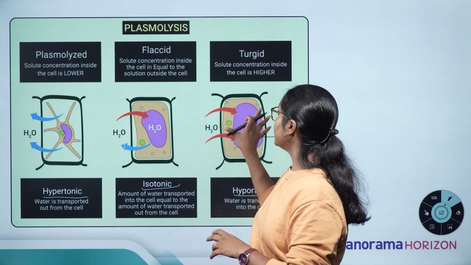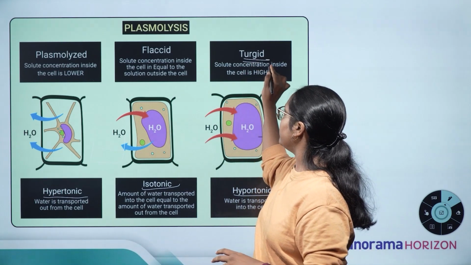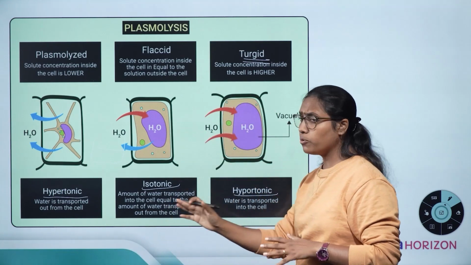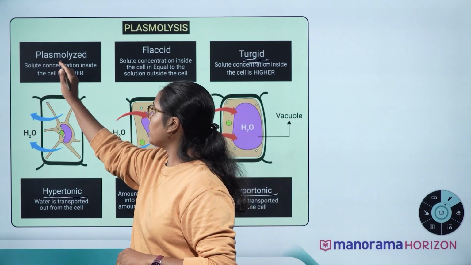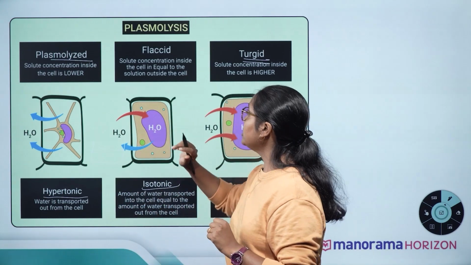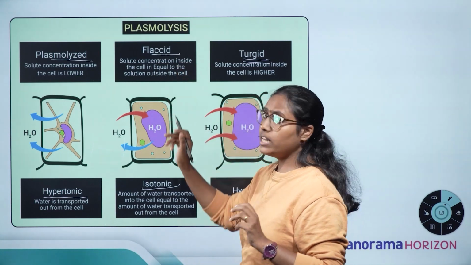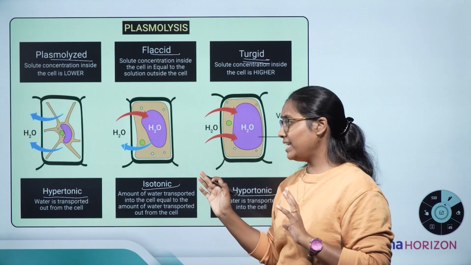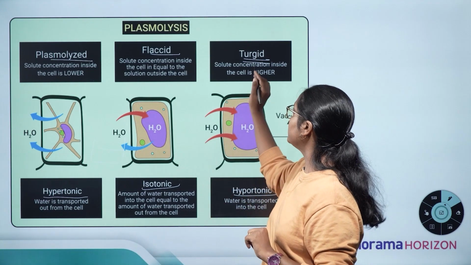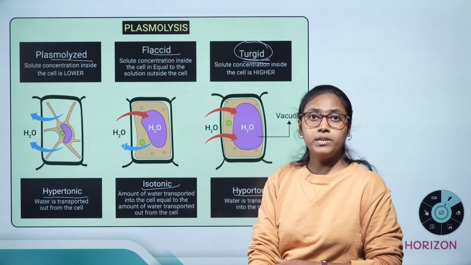Because of that, the cell becomes turgid. So in hypertonic solution, the cell becomes plasmolyzed, all the water goes out. In isotonic solution, no change is noticed. Whereas in hypotonic solution, the cell becomes turgid.